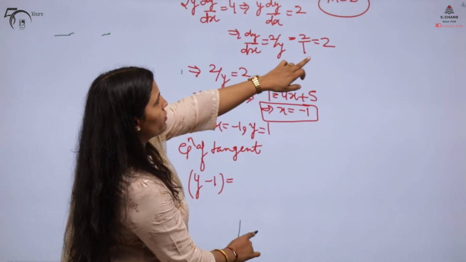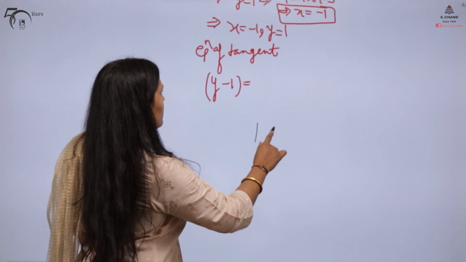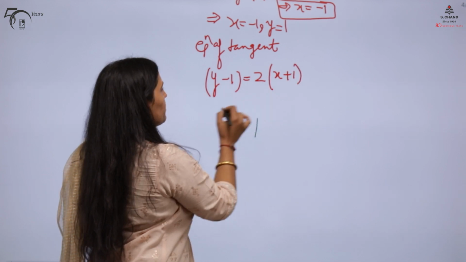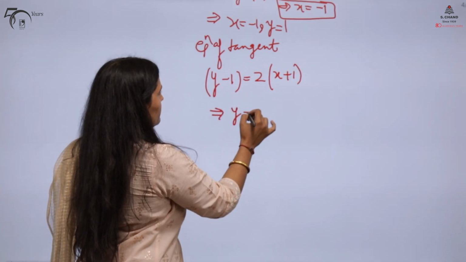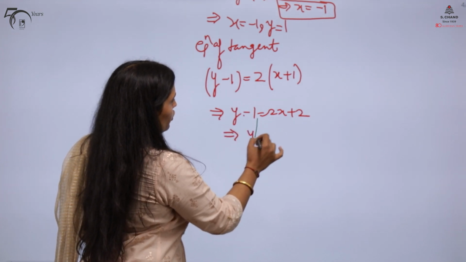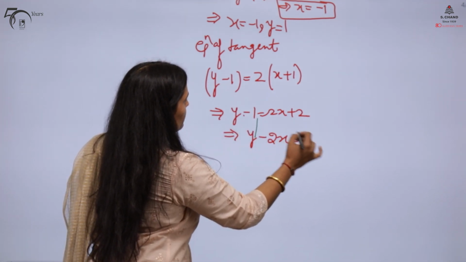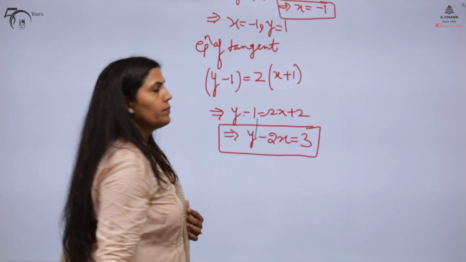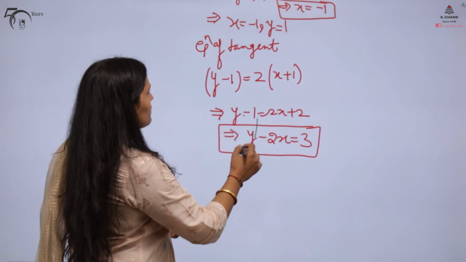You can see slope is 2. So this is 2, then x plus 1. Just simplify it and get the answer. So this is your tangent equation.